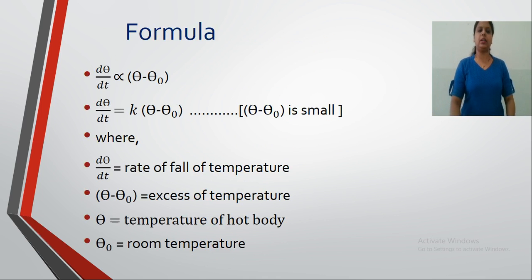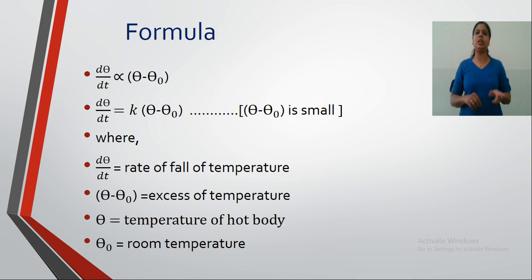Now we need to understand the formula for Newton's law of cooling. Here we are going to see two important quantities, excess of temperature and rate of fall of temperature. You can also say rate of change of temperature. Theta is the temperature of the hot body.